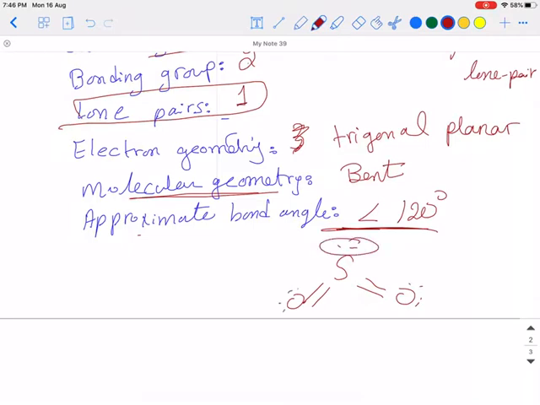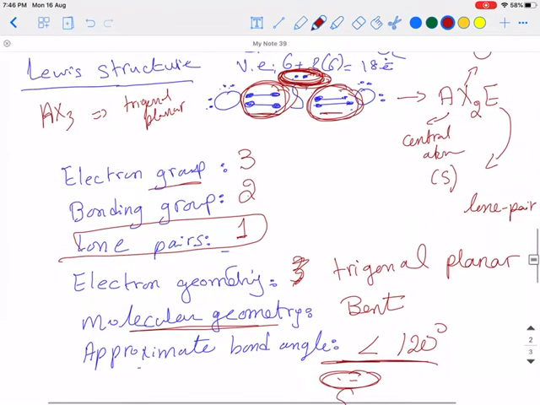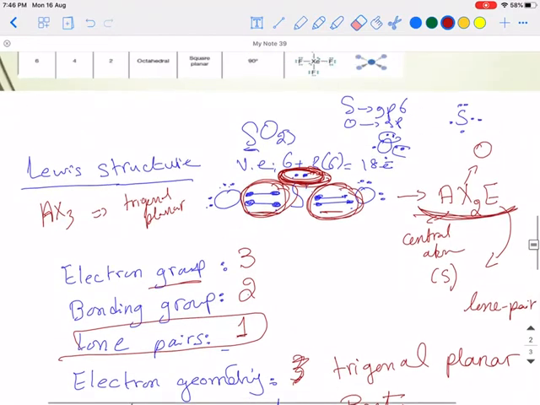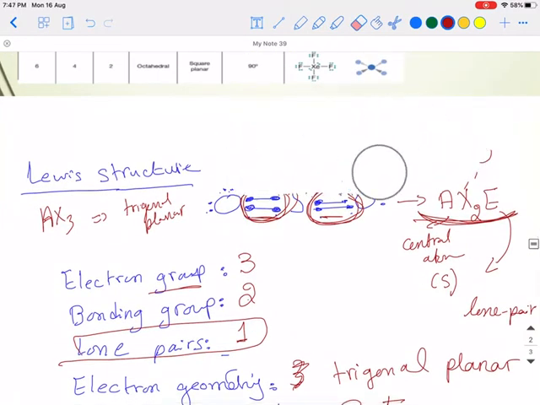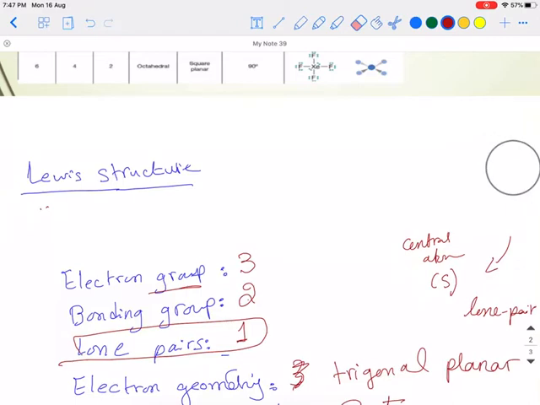Why bent? Because again, instead of a bond here, it's substituted by a lone pair. So we can generalize that any structure in the form of AX2E has a bent shape and an angle less than 120. Now we will move to another example in the table to explain.